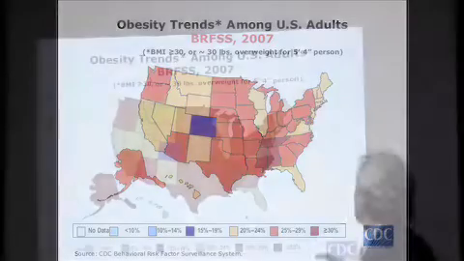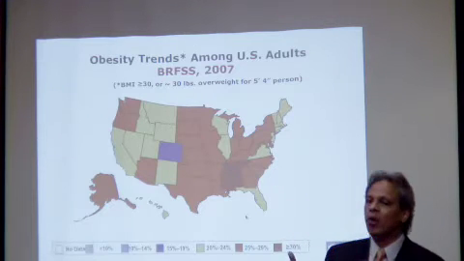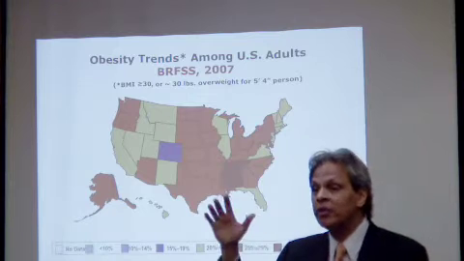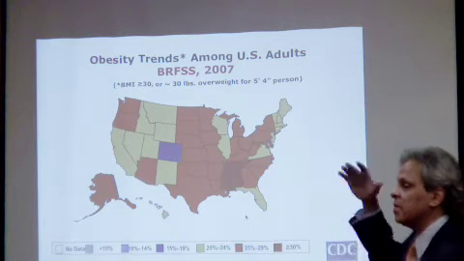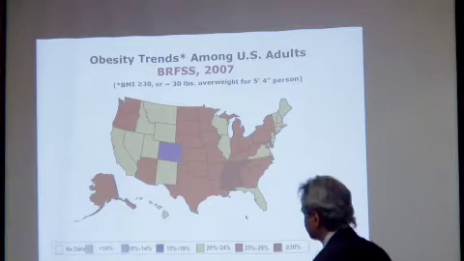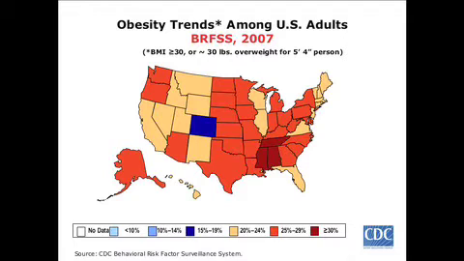They're carrying, for someone who's 5'4", 30 more pounds than they should. So if you're 5'8", it's going to be more than 30. If you're 6 foot, it's going to be more than that, et cetera, et cetera. It's a BMI over 30. There's only one state in the country where less than 20% of adults are obese, and that's Colorado.